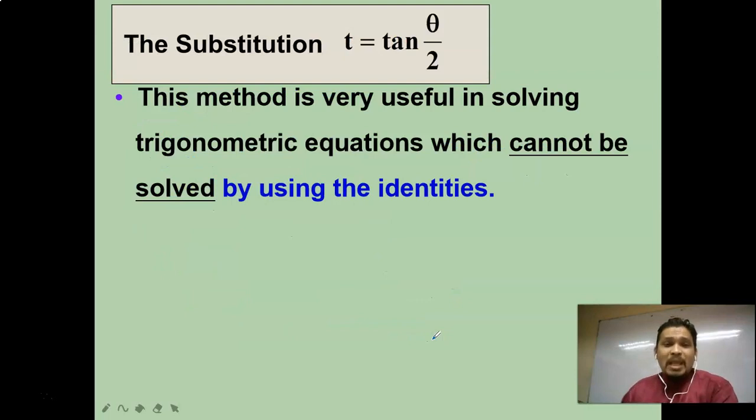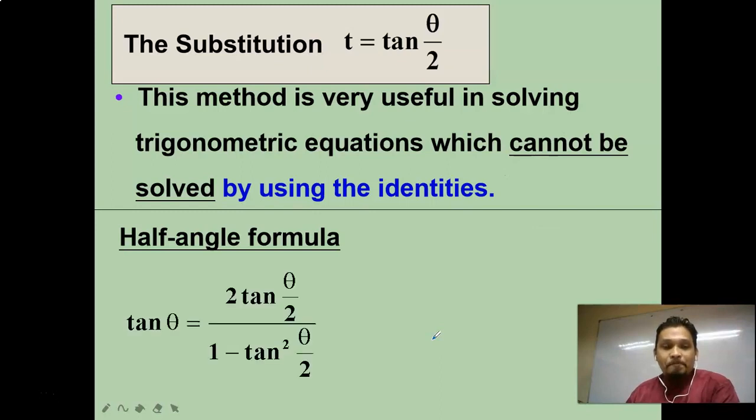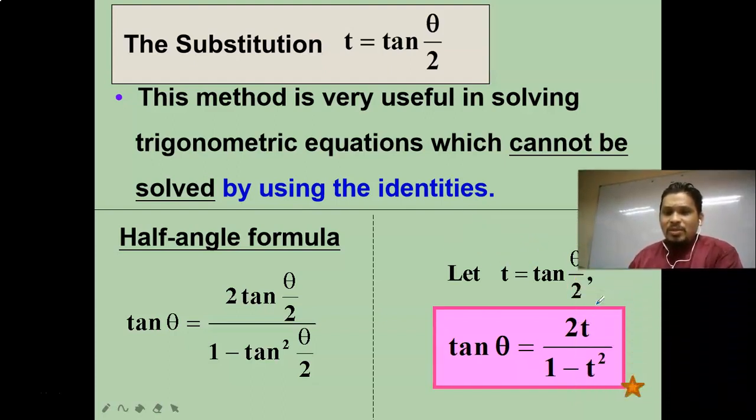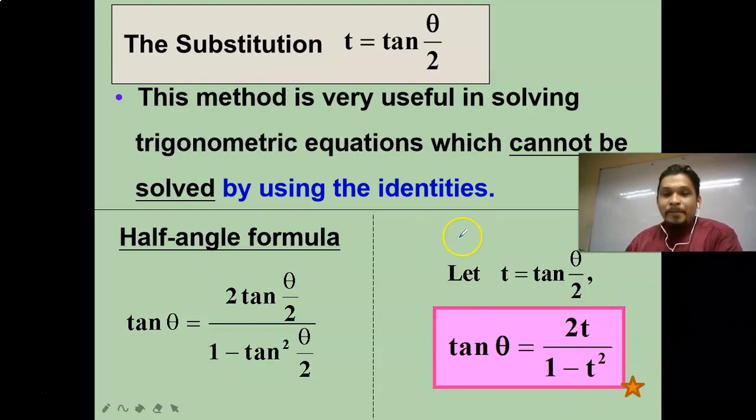Next, the substitution of t equal to tangent theta over 2 is useful for solving trigonometric equations which cannot be solved by using the identities. Half angle formula. I'm not going to explain this because it's all in your lecture notes, which cannot be solved by using the identity.